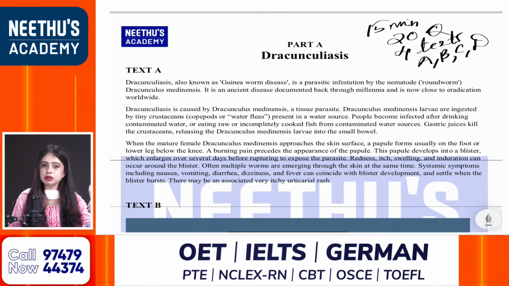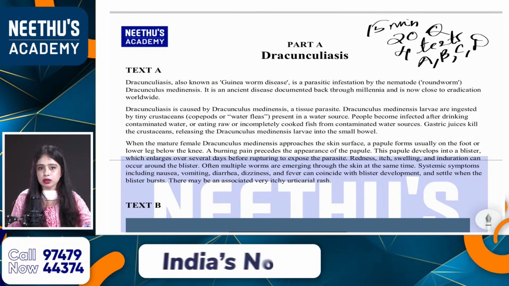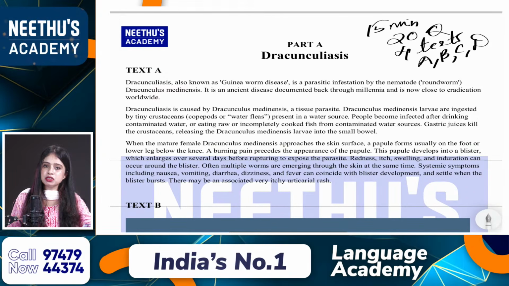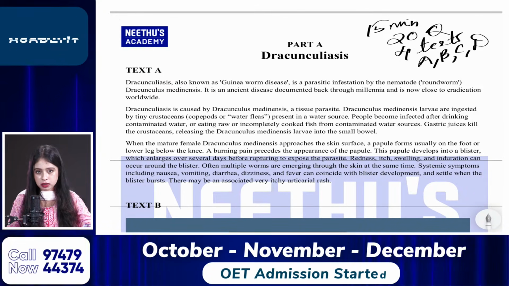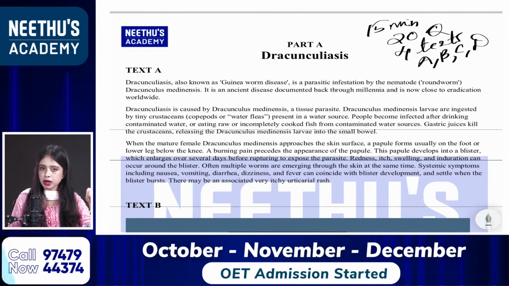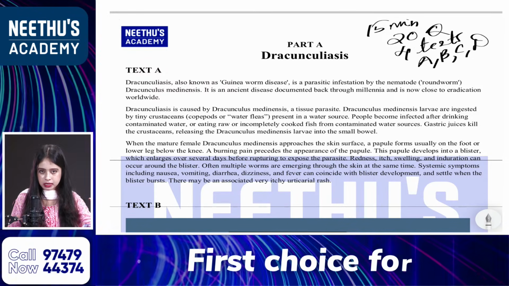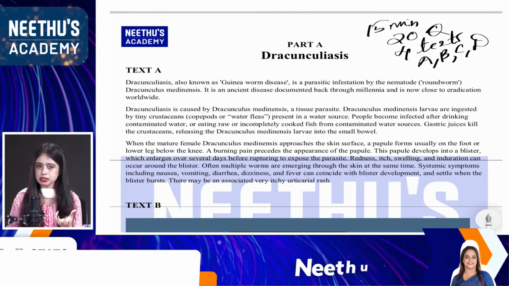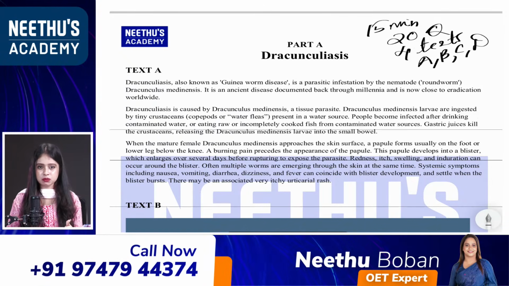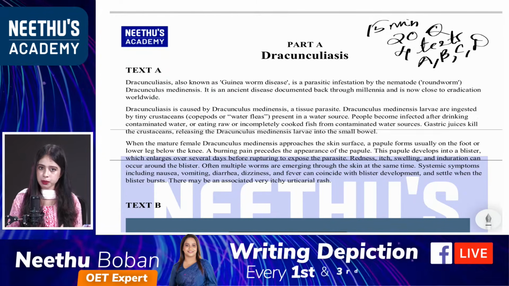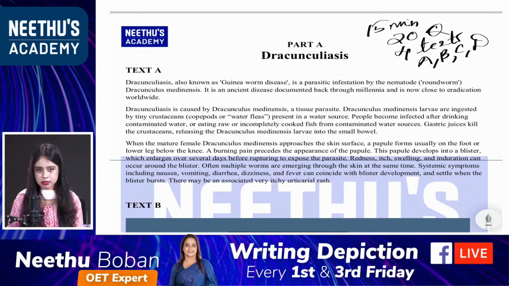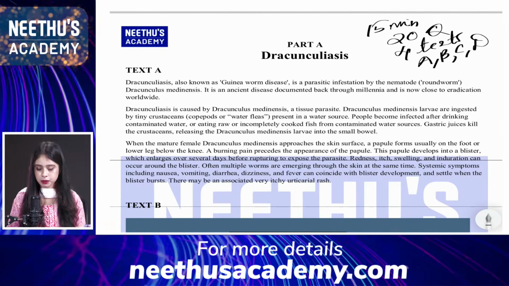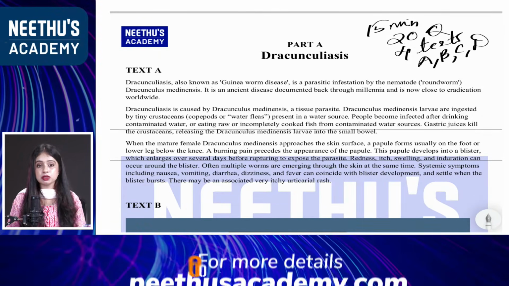Text C is about the study, the outcome, the results of the research. Text D may be about management of the condition. Likewise, in each and every part A there will be a structure: first what the disease condition is, then its symptoms, then the complications, then the management. Here dracunculitis is the topic. Then what about the strategy?